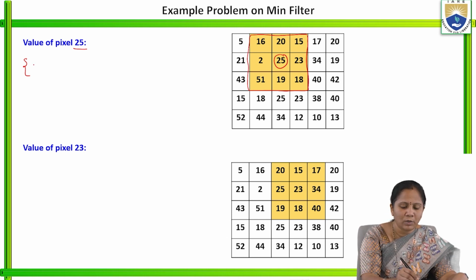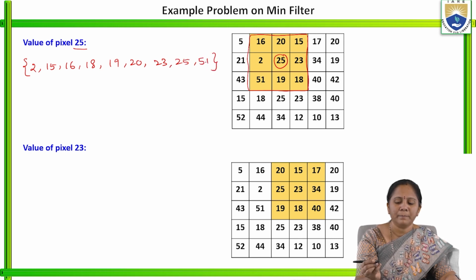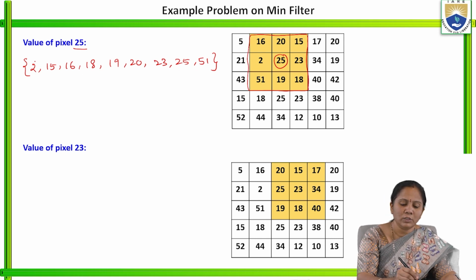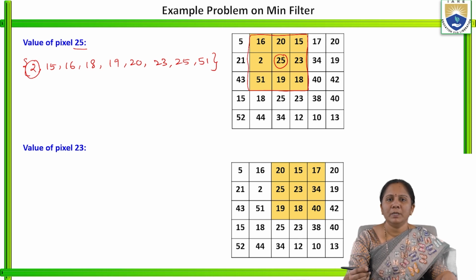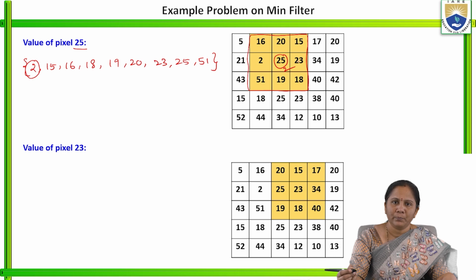We get 2, 15, 16, 18, 19, 20, 23, 25, 51. All these are the neighborhood. Arranged in ascending order, 2 is the minimum value. So this 25 will be replaced with 2.